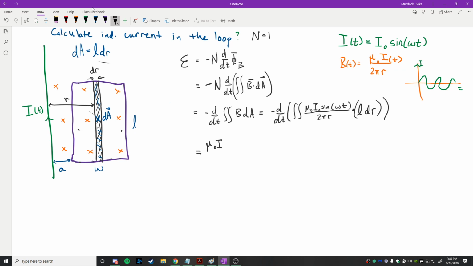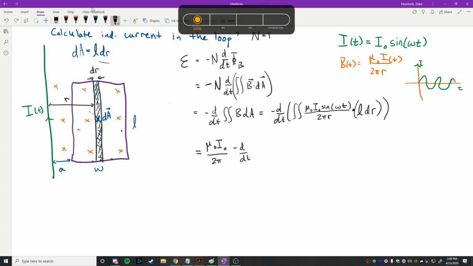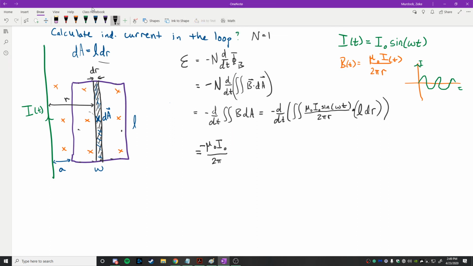Let's pull all of the stuff out that doesn't change. Well, the minus sign doesn't change too. The minus sign and L we can pull out. And then we have d/dt.